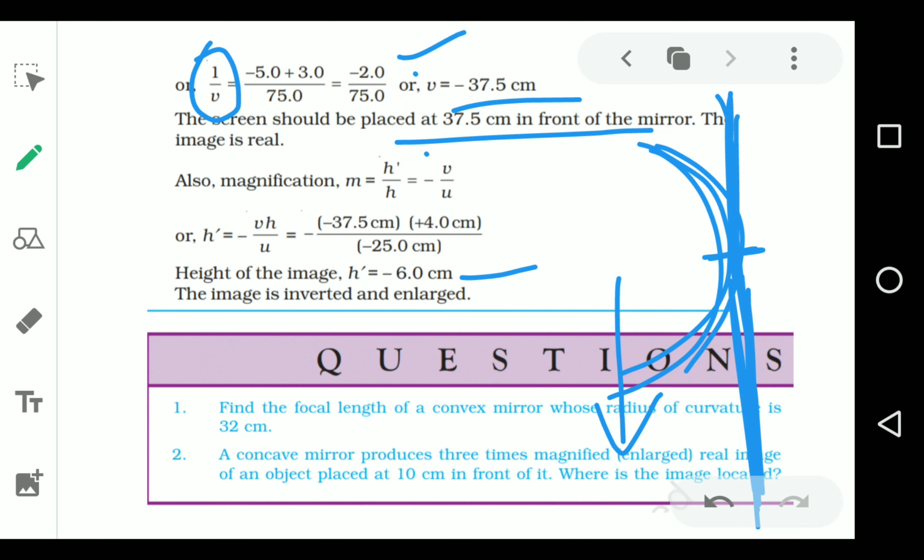So here you can write the image nature: the image is inverted, and also enlarged, because h is given as 4 centimeter, and the height of the image you are getting is 6 centimeter, so obviously the image is enlarged.